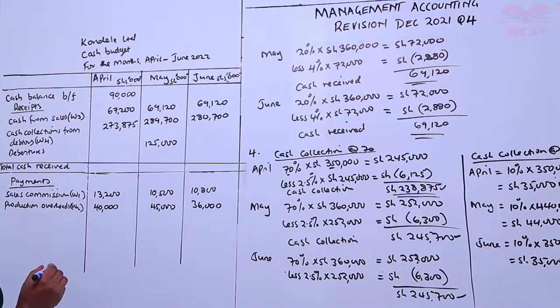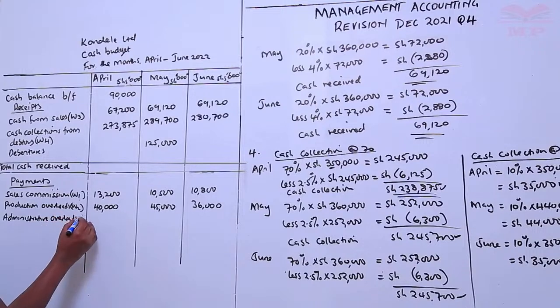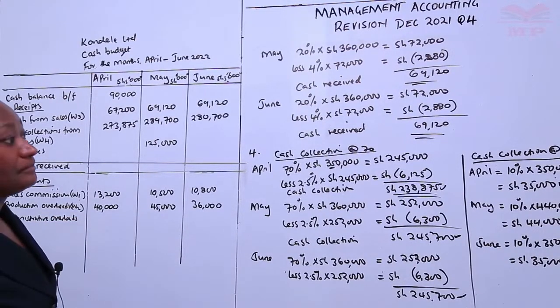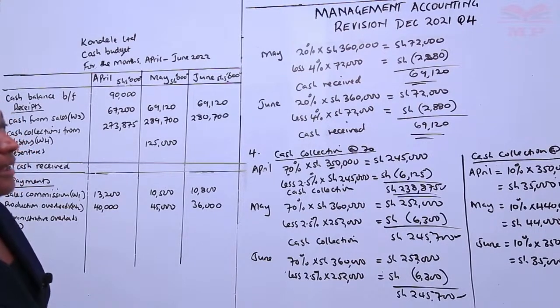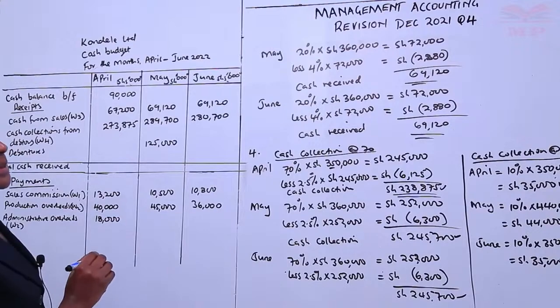The next is administrative overheads. Still working number 2. For April was 18,000.